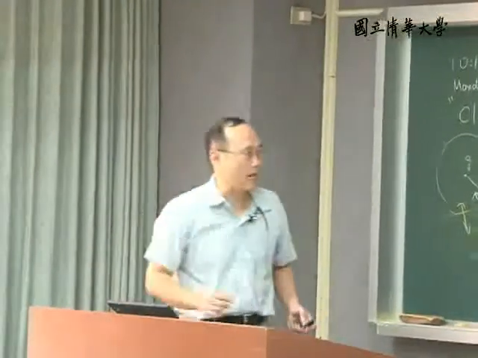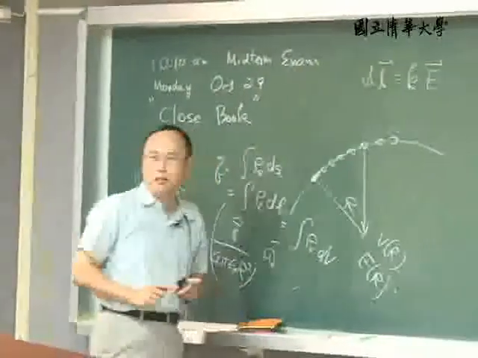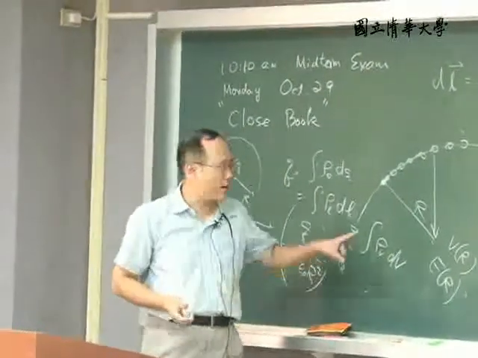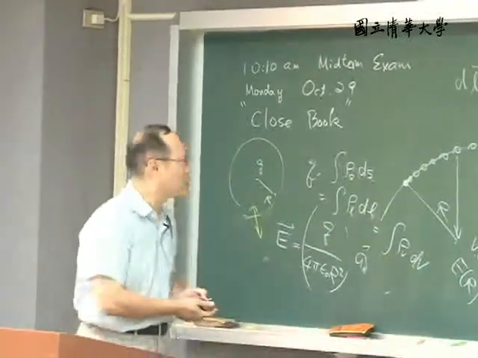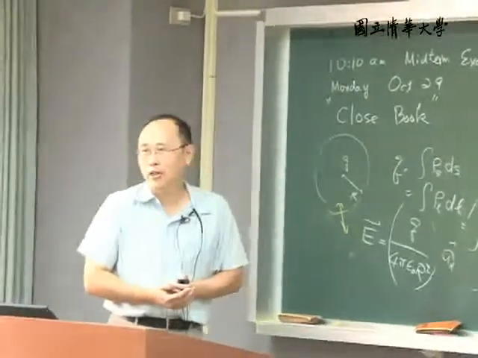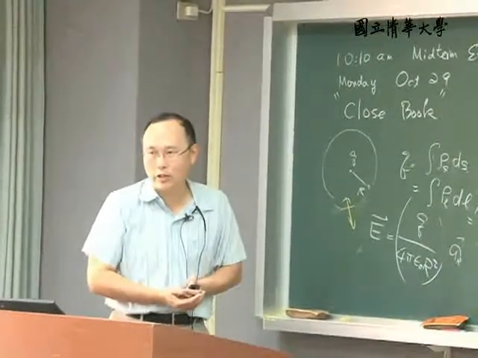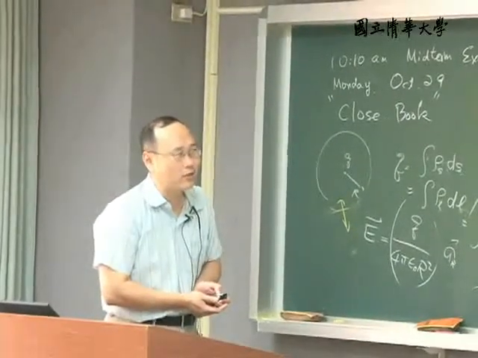Okay, but be careful that when you integrate the charge along something on a surface or on a line or inside a volume, you have to integrate over the location of the charge, and the location of the charge is described by the prime coordinates.